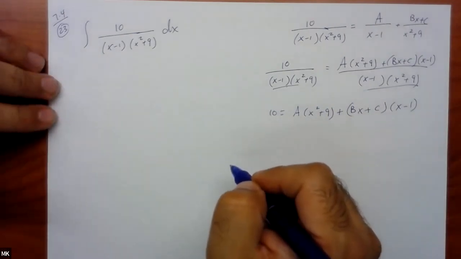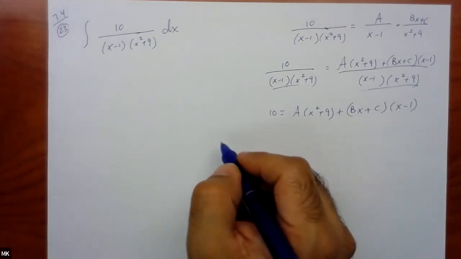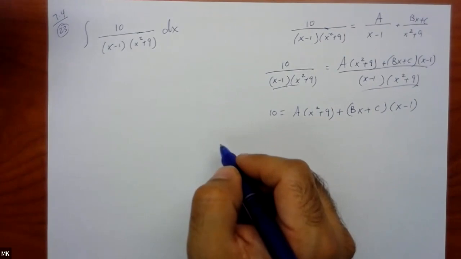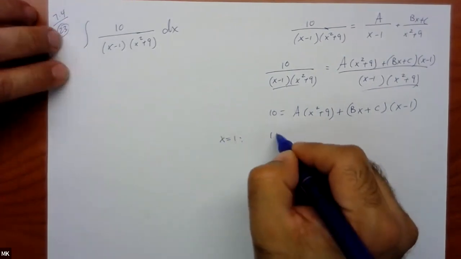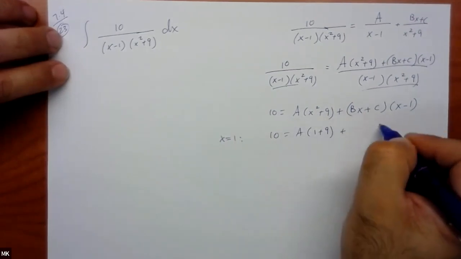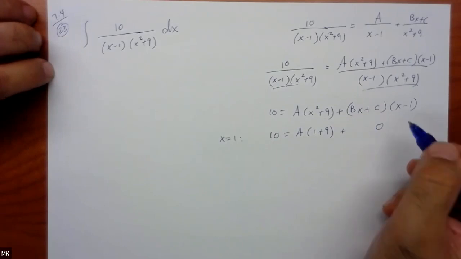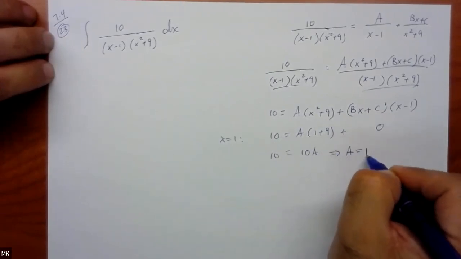I could do that. Or I could just distribute and clean it up. Or you could do a combination of both. That's no problem. So I could say x equal to 1, 10 is equal to a times 1 plus 9. And then this part is just going to be 0 because 1 minus 1 is 0. So I get 10a is 10, which means a is equal to 1.